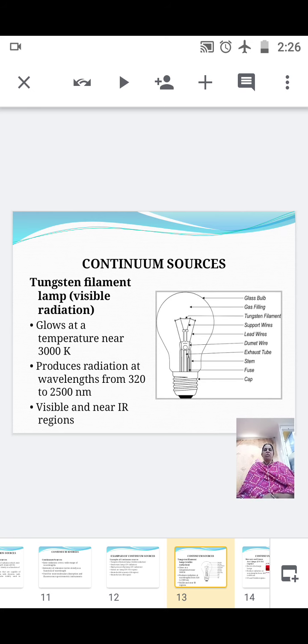Hence, they are used in the visible and near infrared region.